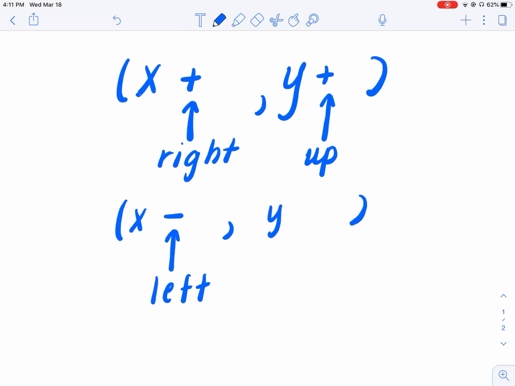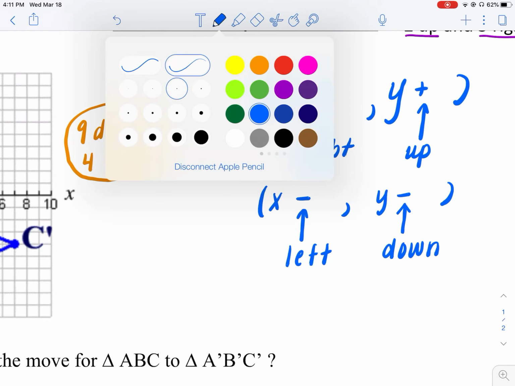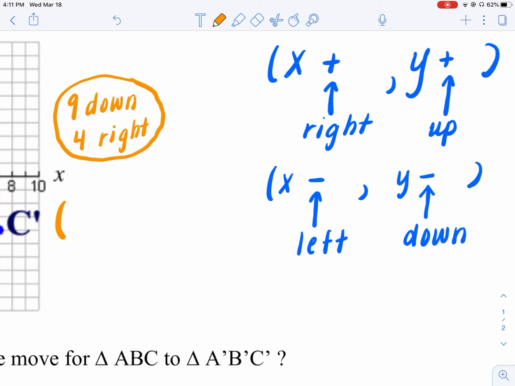And every time you have y minus, you're going to go down. So what they want us to do with this information is write a rule. I'm going to write it in orange here, and I'm going to put an X and a Y. I'm either going to put a plus or a minus sign here. Let's see what we need to put.